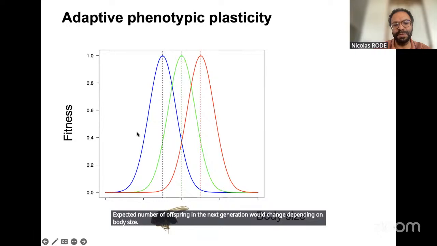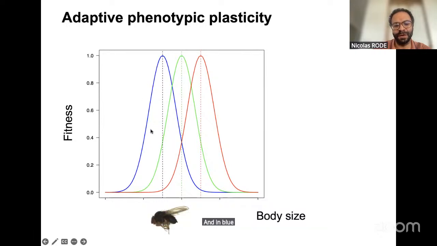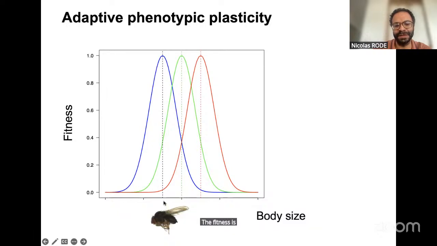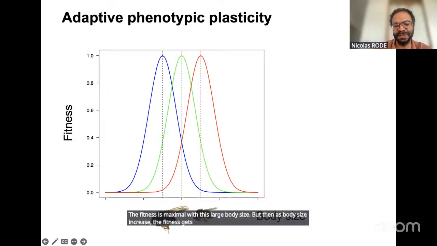And in blue, you have the curve if the environment the flies are in is at low temperature. In that case, the fitness is maximal with this large body size. But then as body size increases, the fitness gets lower. So these smaller individuals would have a lower fitness in the cold environment.